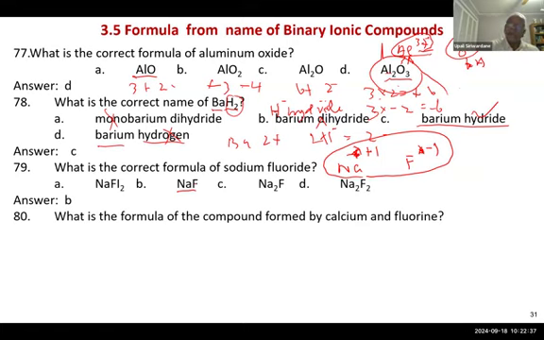Calcium and fluorine. What is the formula of this compound? Calcium is 2 plus. Fluorine is 1 minus. They are not charge balanced. How do you balance it? You need to have 2 fluorides. Calcium 2 plus, 2 fluoride.